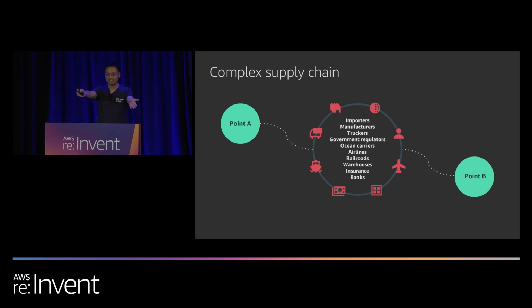Imagine today you are a business owner, and you invent a very, very cool product, and you find a factory in Vietnam that can manufacture the product for you, and you have 10 containers ready to ship from Vietnam to Chicago. How are you going to get those 10 containers to Chicago? First, you need to collaborate with the factory.